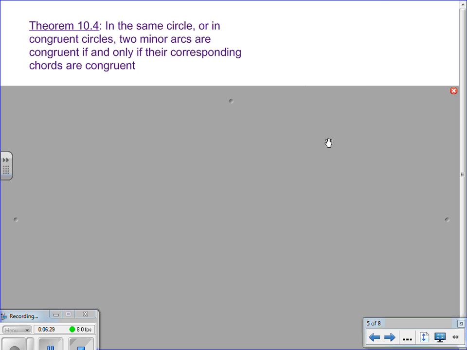Moving right along. Here's one of our first theorems. All right, theorem 10.4. It says, in the same circle or in congruent circles, 2 minor arcs are congruent if and only if, so that means this is true forwards and backwards, if and only if their corresponding chords are congruent. Okay? So here's a picture of that.